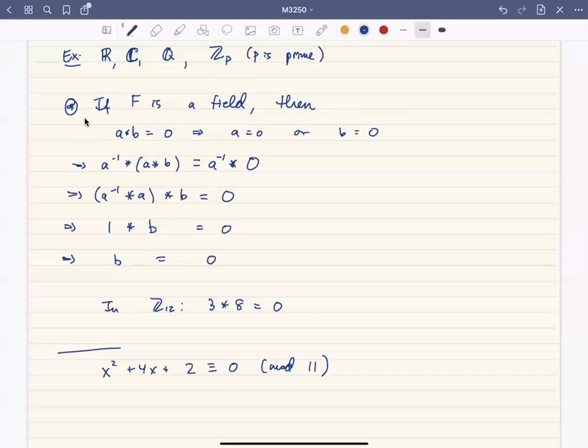I say at most two because I didn't pick this very carefully. Maybe there's only one solution and you have a repeated root. Maybe there are no solutions. But you know that there's not going to be any more than two solutions because this is a second degree polynomial, and importantly, the ring of integers mod 11 is a field.